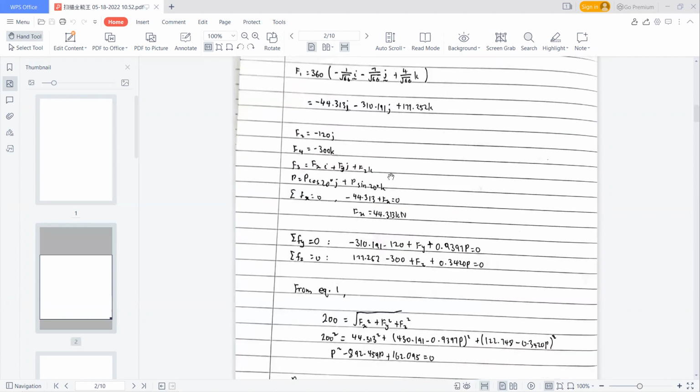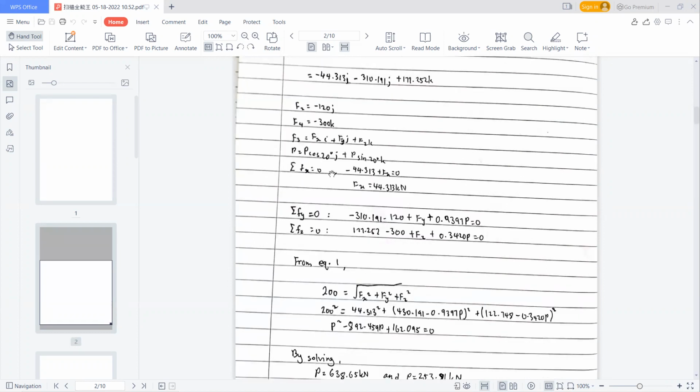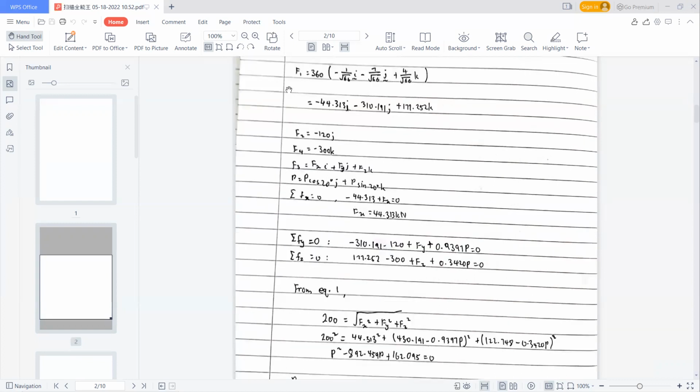So for F3, we will use the Fx plus Fy plus Fz, so P cos 20 J plus P sin 20 K. For the sum of Fx, we will use the value for the I, which is negative 44.313 plus F3x equal to 0. So F3x will equal 44.313 kilonewton.